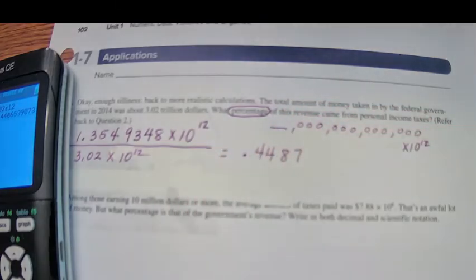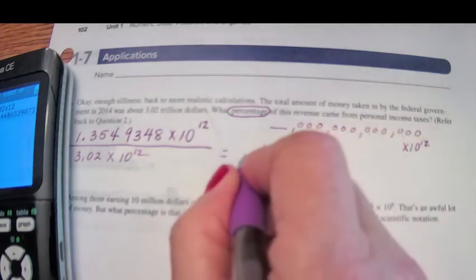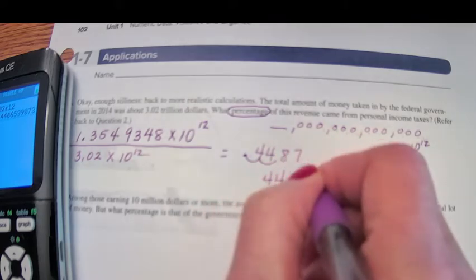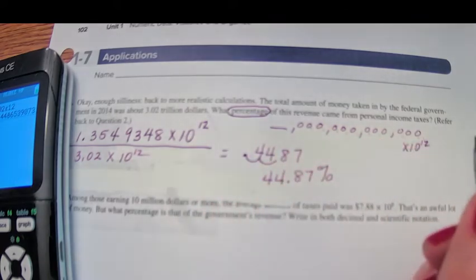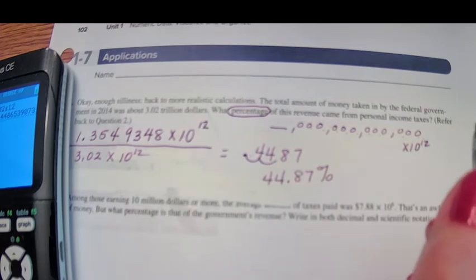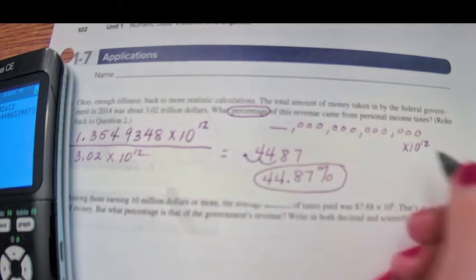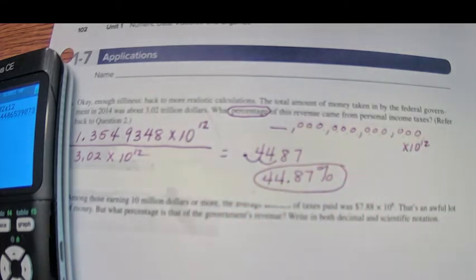Now that is not a percentage, that's just a decimal answer. If I want to change this to a percentage, I move the decimal point over 2 and add the percent sign. So that is 44.87, or if you wanted to round up, 44.9% of all the money the government gets comes from personal income taxes.